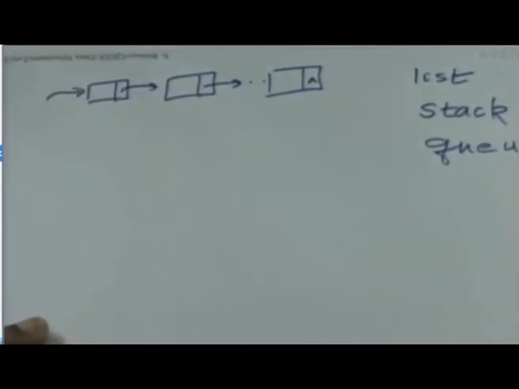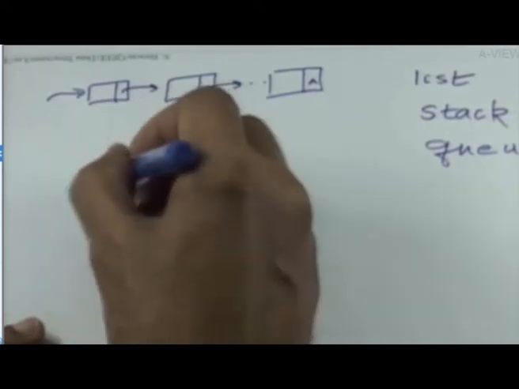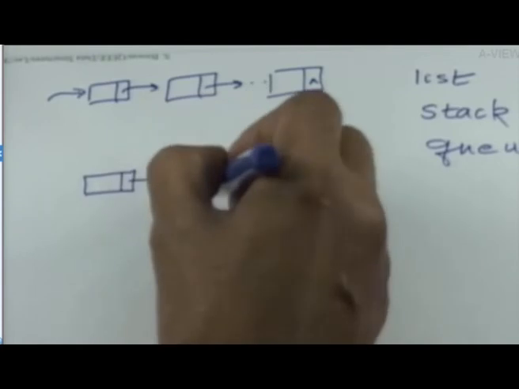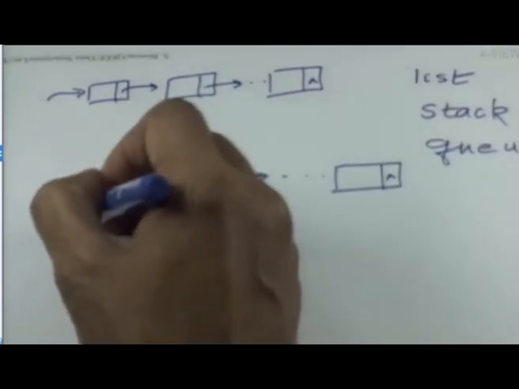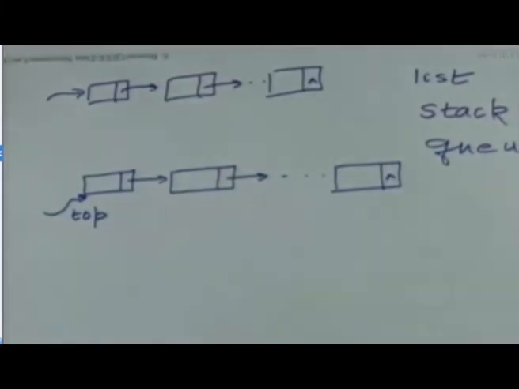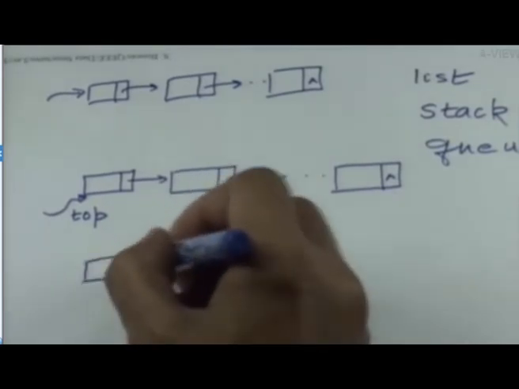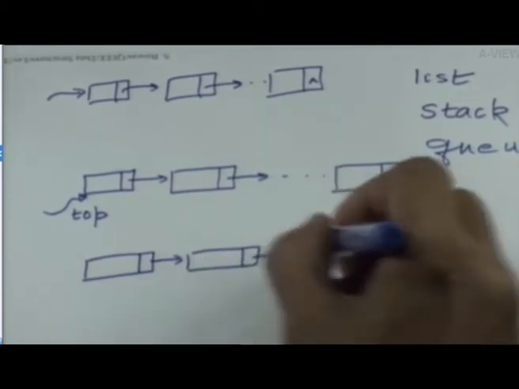A stack, since I'm going to do only linked allocations, will look something like this. So this is the top of a stack. A queue, on the other hand, the one which I am going to use is a little different than what you may find in some other places.